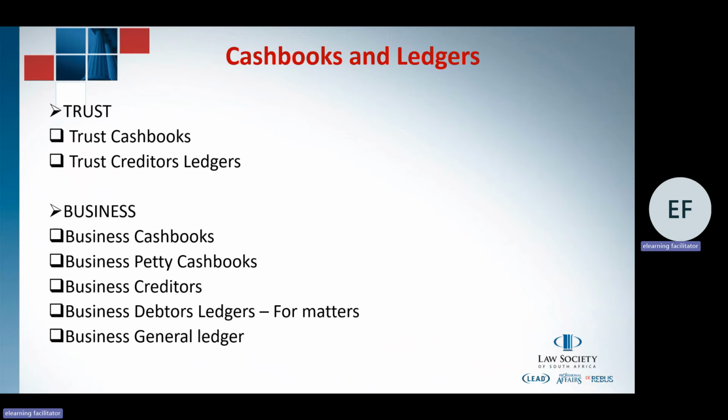Okay, so with the trust account, basically, trust accounts are easy. So we'll have our cash books. We can have cash book number 1, which is FNB, cash book number 2 is Standard Bank, cash book number 3, ABSA.